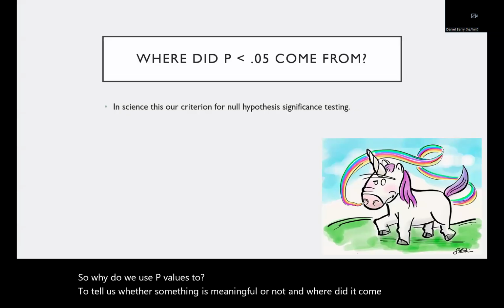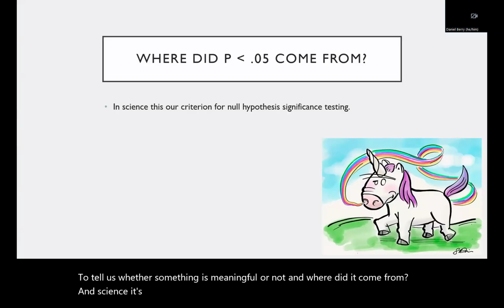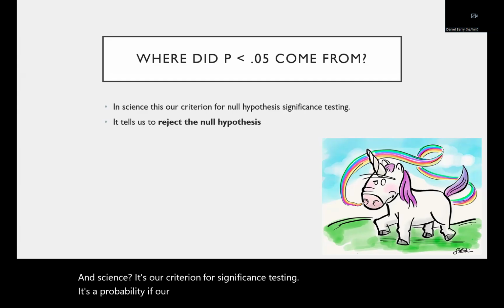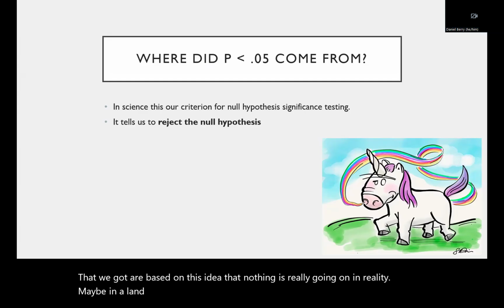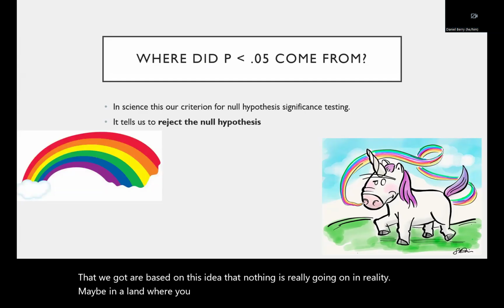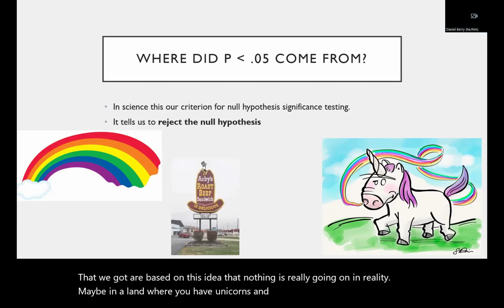In science, it's our criterion for significance testing. It's a probability. If our data are based on this idea that nothing is really going on in reality, maybe in a land where we have unicorns and rainbows, and the rainbows end at Arby's.